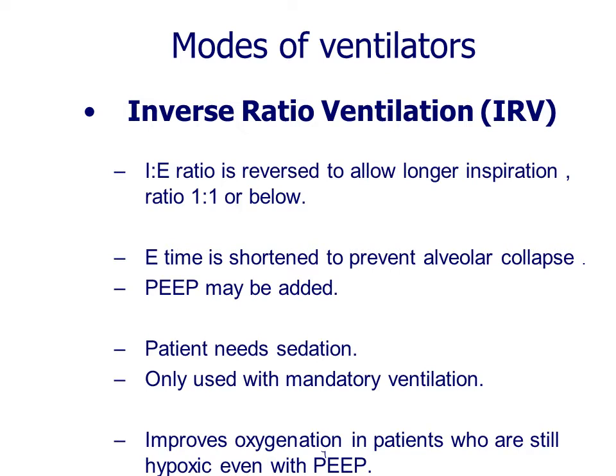E time is shortened to prevent alveolar collapse, and positive end expiratory pressure added also to prevent alveolar collapse. Need sedation, only used with mandatory ventilation. This will improve the oxygenation, especially for patient who is hypoxic, among patients with acute respiratory distress syndrome, and this disease will be explained later.